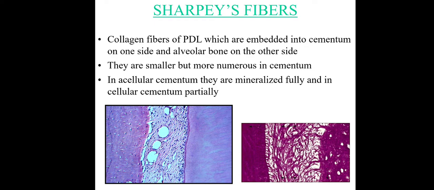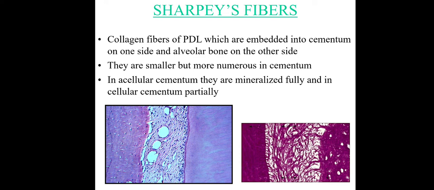In the image here, this is the cementum tissue, here you can see the alveolar bone tissue, and these are the periodontal ligament fibers. There are a lot of insertions into the cementum, and here you can see some fibers inserting themselves into the alveolar bone also.